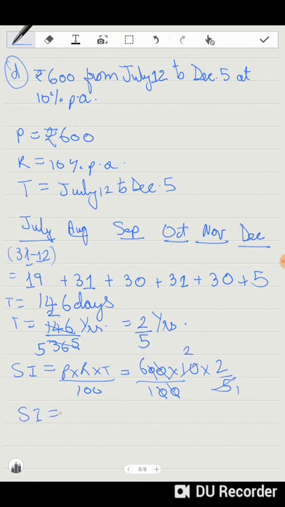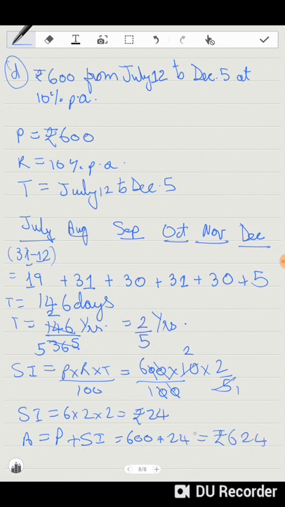Hence my simple interest will be 6 into 2 into 2, 24. That's rupees 24. And hence amount is principal plus SI. That's 600 plus 24, which is rupees 624.